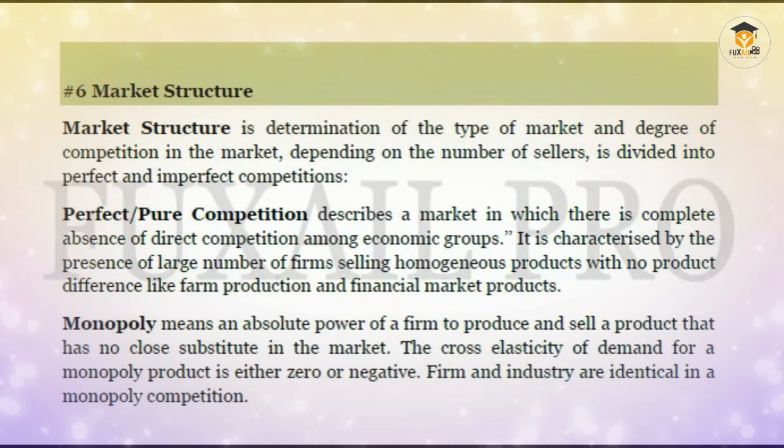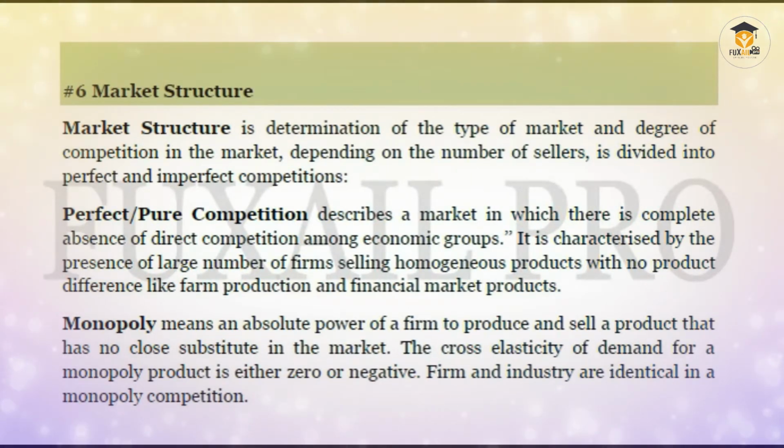Number 6. Market structure. Market structure is determination of the type of market and degree of competition in the market, depending on the number of sellers, is divided into perfect and imperfect competitions. Perfect/pure competition describes a market in which there is complete absence of direct competition among economic groups.